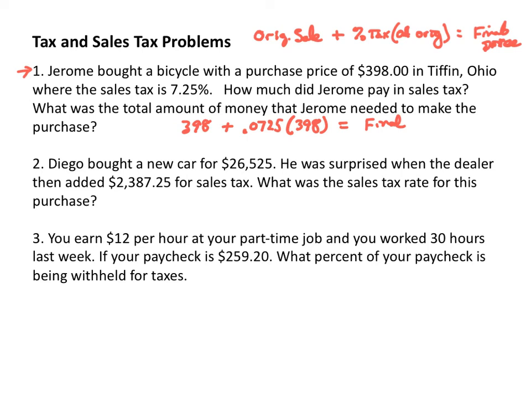So let's take 0.0725 times $398. I got 28.855. We're going to round that off to 28.86. So how much did he pay in tax? $28.86. Then you have to add that on to your 398, which is $426.86.